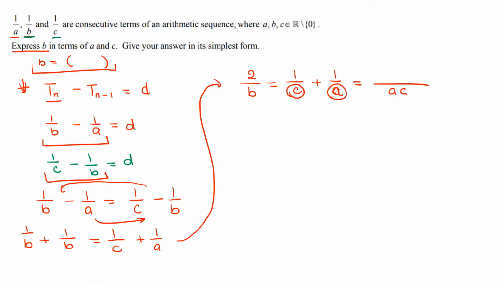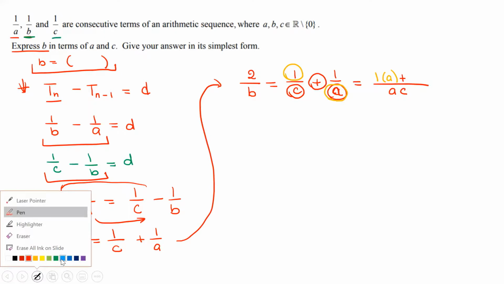To get the top, we take the top of the first fraction, the 1, and multiply it by the bottom of the second fraction, a. Our next step is to look at the sign in between them and put that down, so that's a plus.